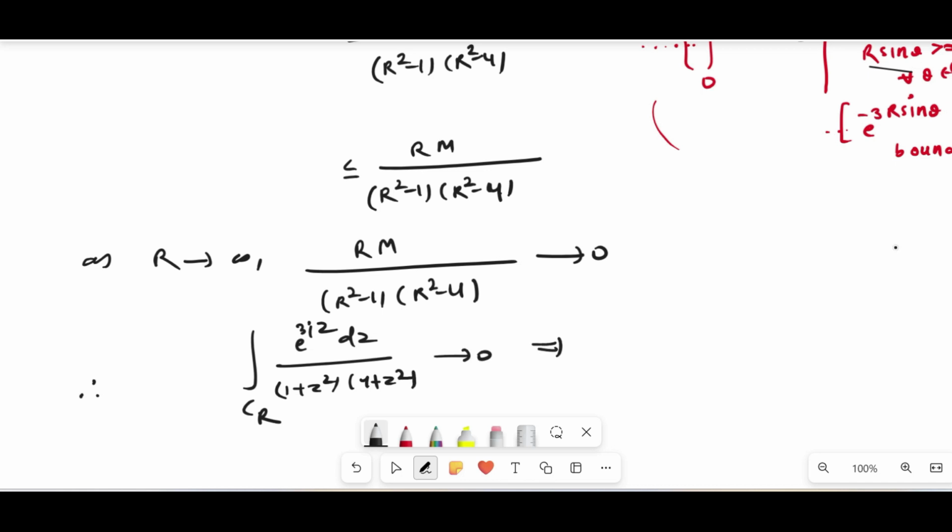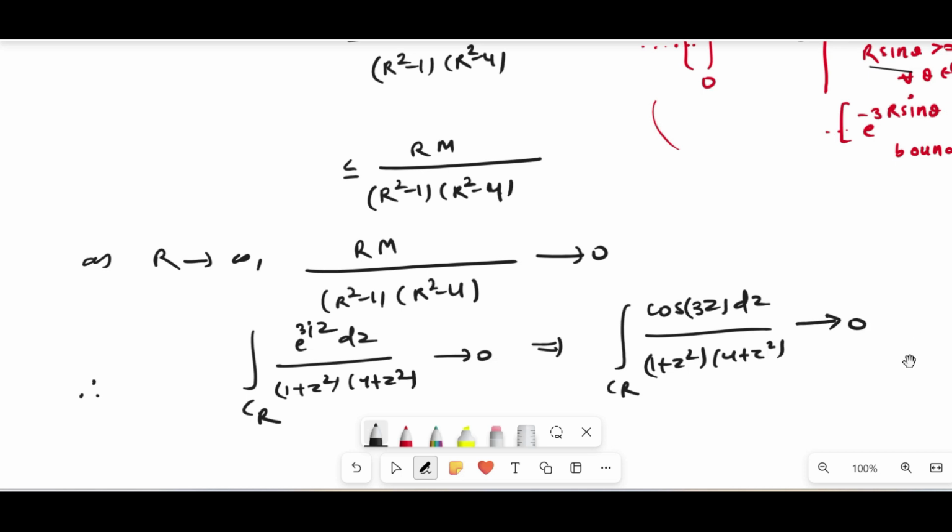If this integral tends to 0, then the value of the integral over the curve C having radius r of cos 3z dz over (1 plus z square)(4 plus z square) also tends to 0.